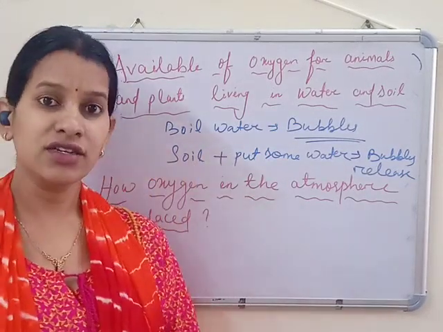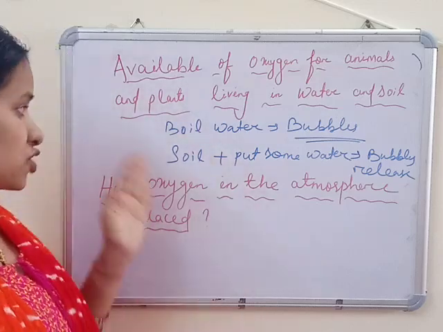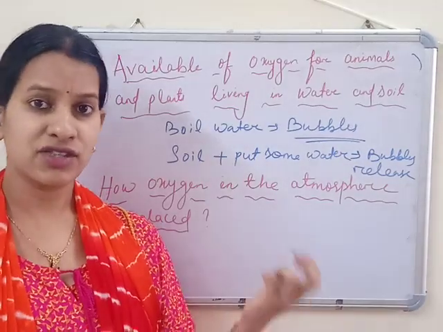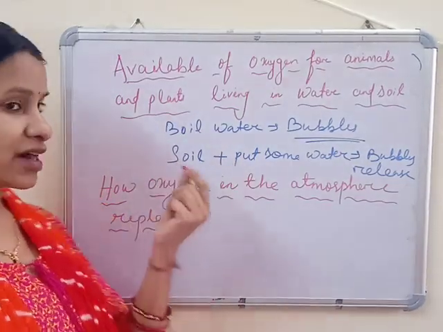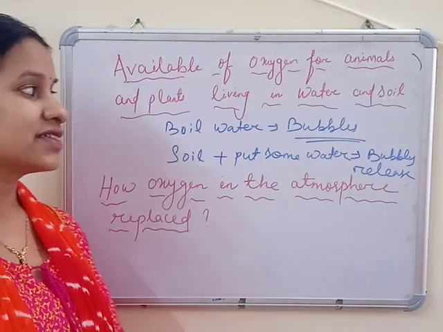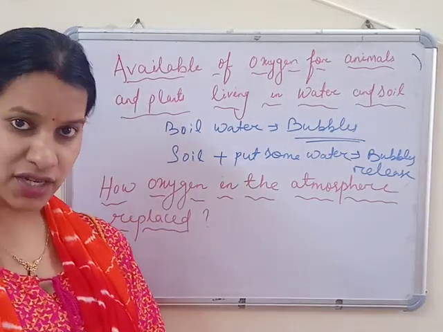So in water, air is in the dissolved form, and in the soil, between the particles, it is in the trapped form, and it is used by plants and animals for their process of respiration and breathing.